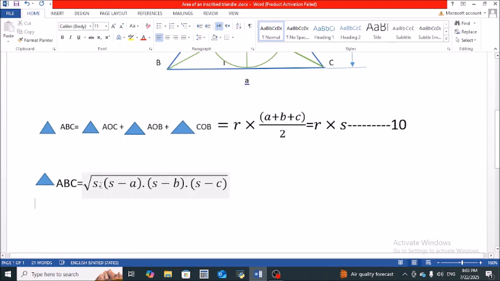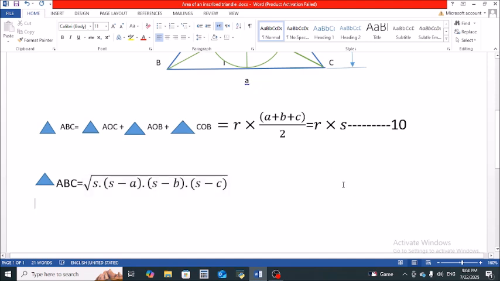As I said before, S is equal to (a plus b plus c) over 2, that is half the perimeter of the triangle. Half the perimeter minus one of the sides, times half the perimeter minus the other side, times half the perimeter minus the third side, of course multiplied by half the perimeter.